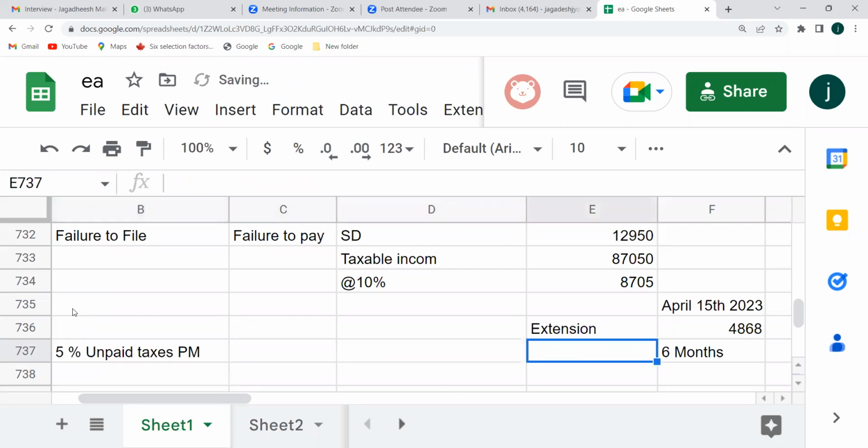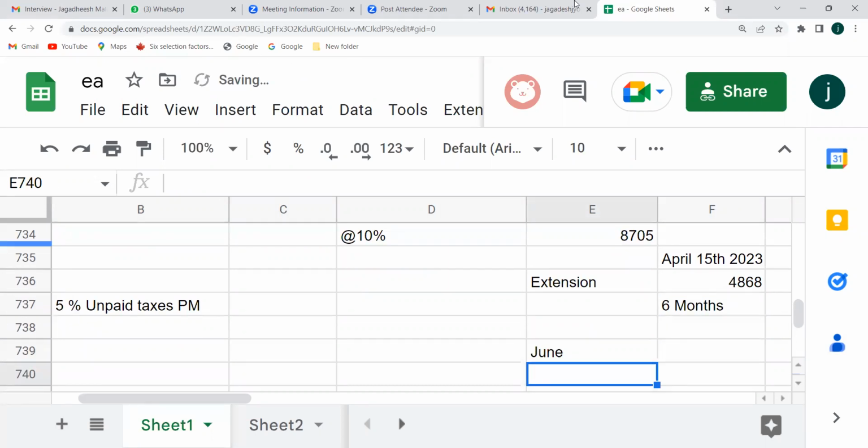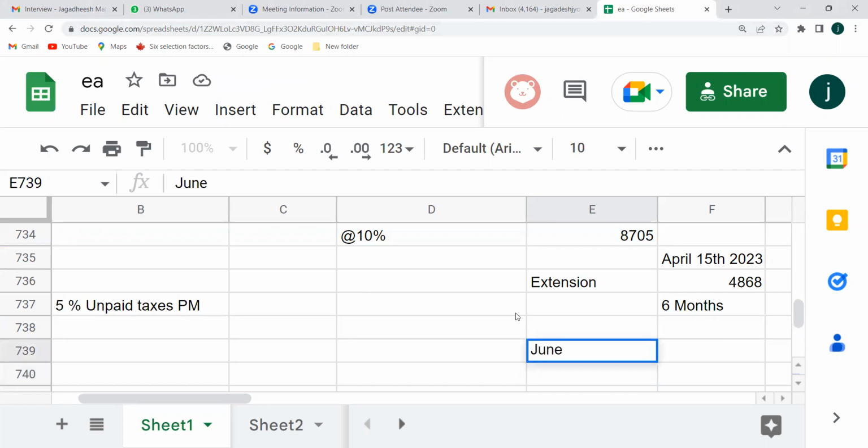Say for example, in this case, 8705 is the unpaid dues, which we didn't pay after 15th April 2023. Now we are in the month of June, say June 15th.